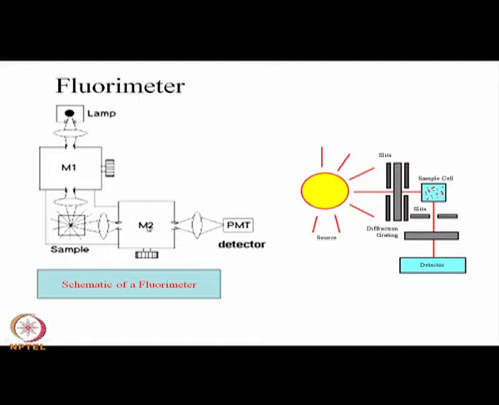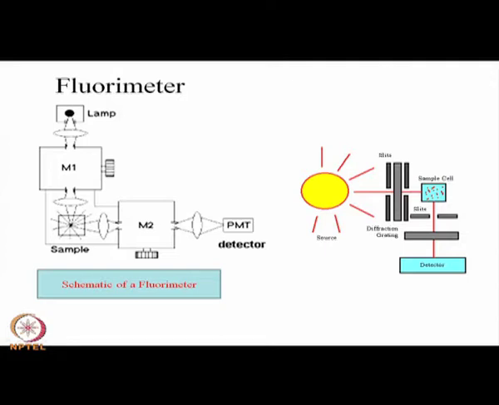So, this monochromator identifies all the possible frequencies present in the emitted light, and that way it records the spectra, which is called the emission spectra. Unlike absorption, it is called the emission spectra.